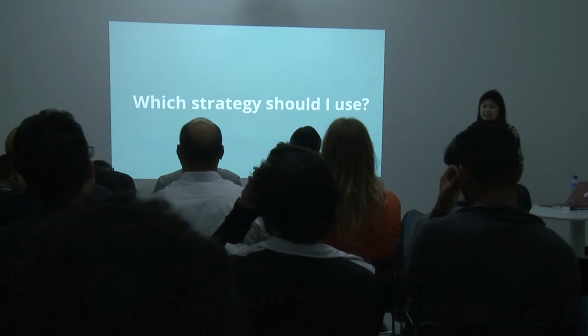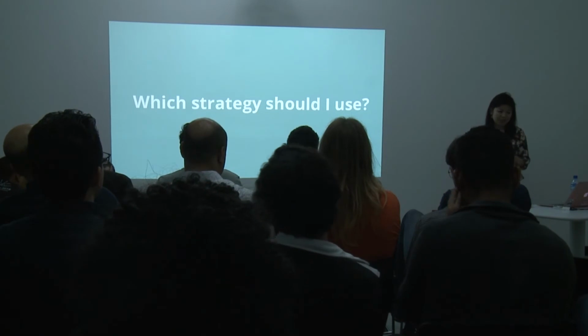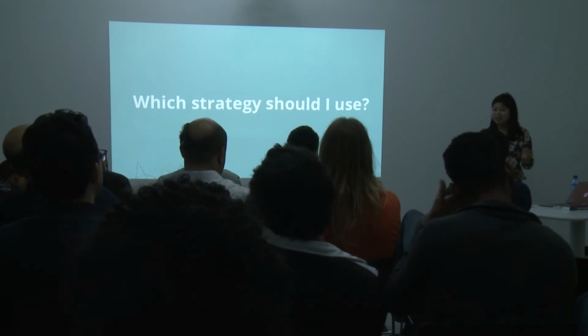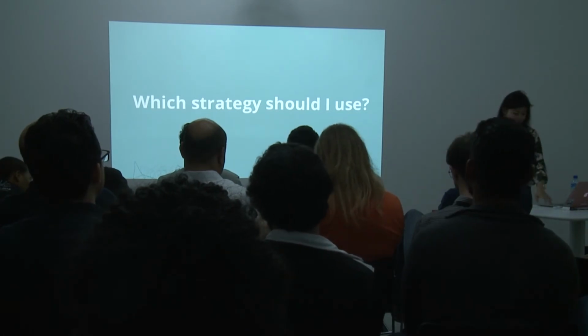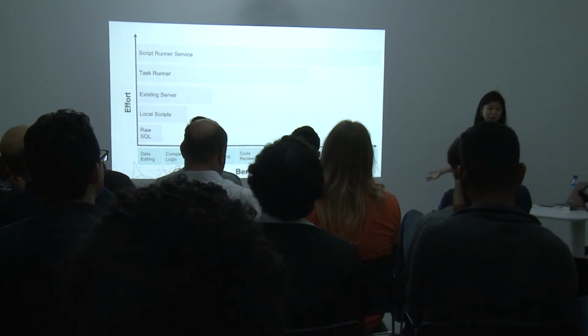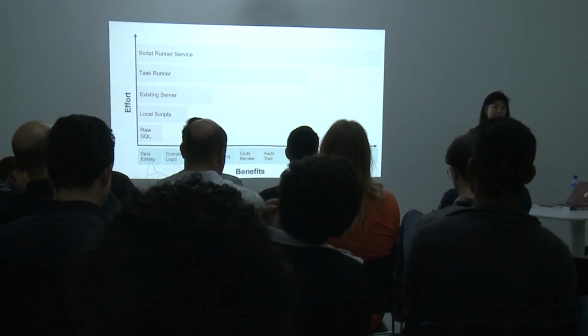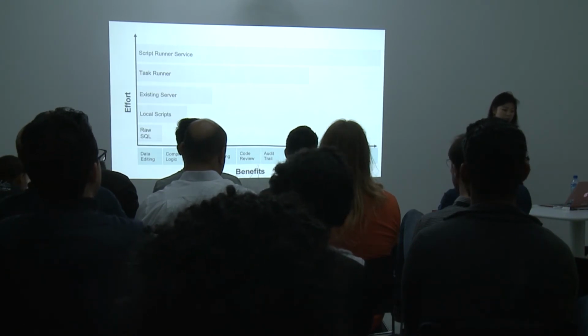So what we've seen today is that there's a spectrum of tools that you can use for editing production data. And some of you might be wondering, this is great, but which strategy should I be using? Ultimately, if we look at this graph, it really depends on the needs of your team and your willingness to invest in the upfront cost of the tool.